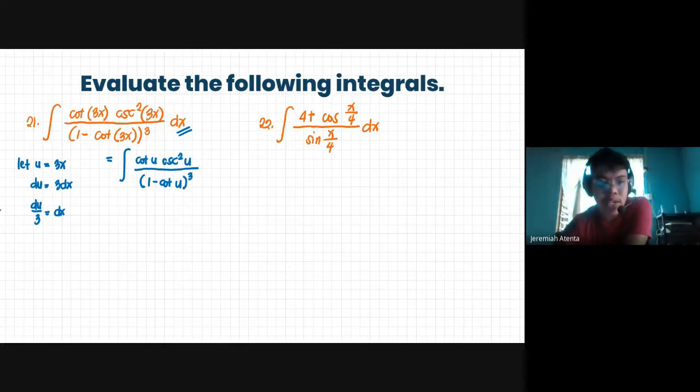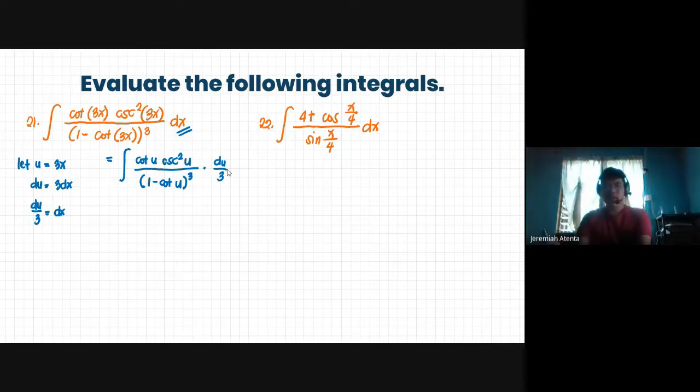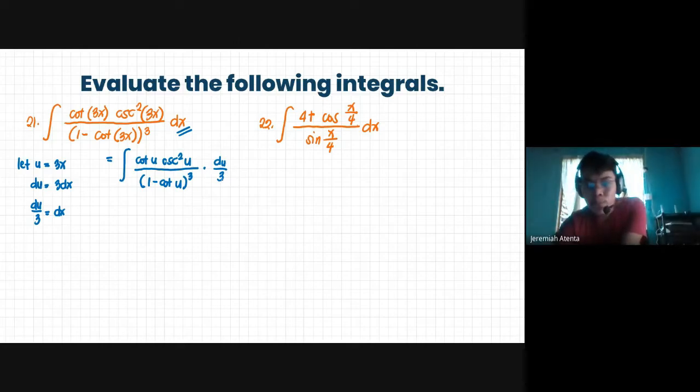And dx now is equal to du over 3. So we have du over 3. Okay, so that's it. Now, in this case, we can put 1/3 outside, right?